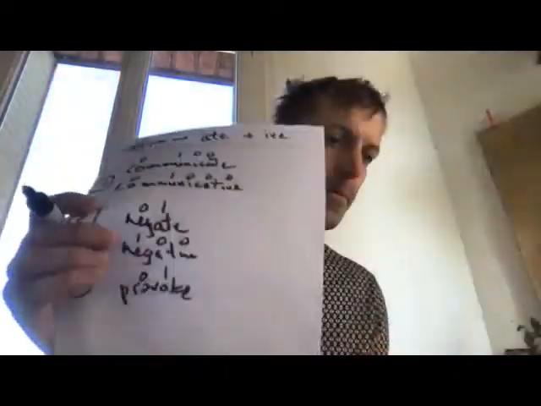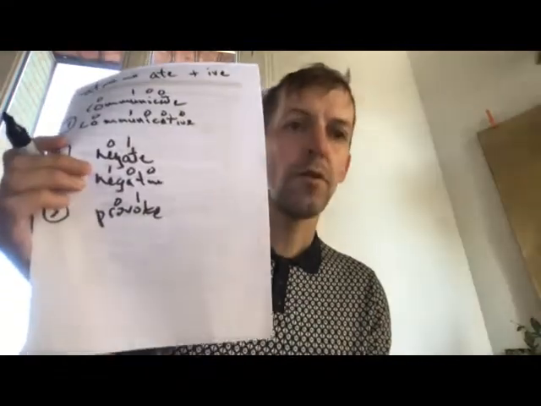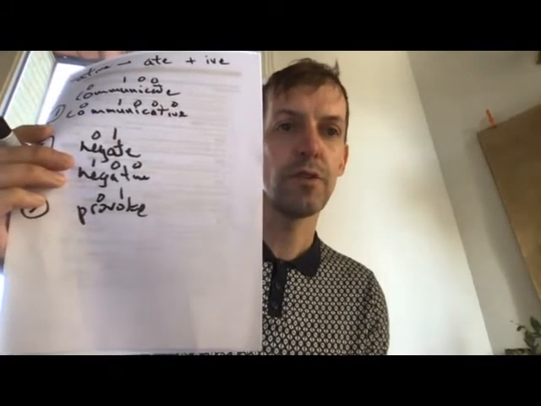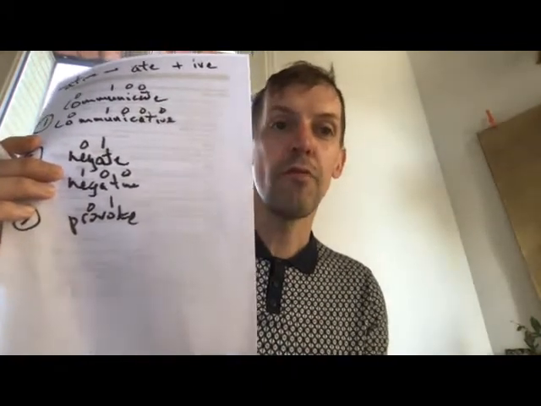We have provoke. So here we have a two-syllable verb with an inseparable prefix. So we have our O1 stress pattern, provoke. We don't have provocate, but we do have provocative, right?